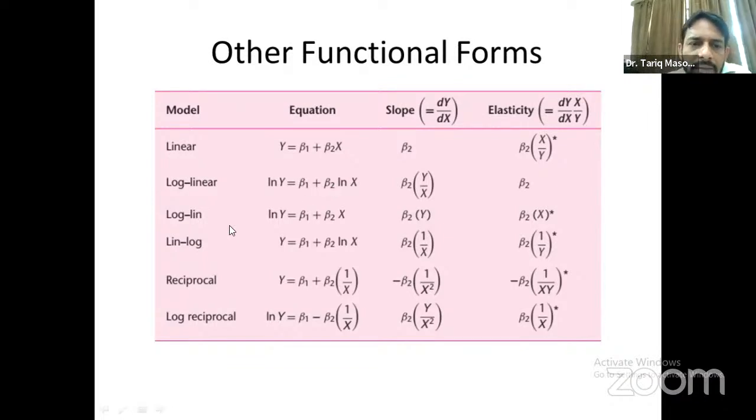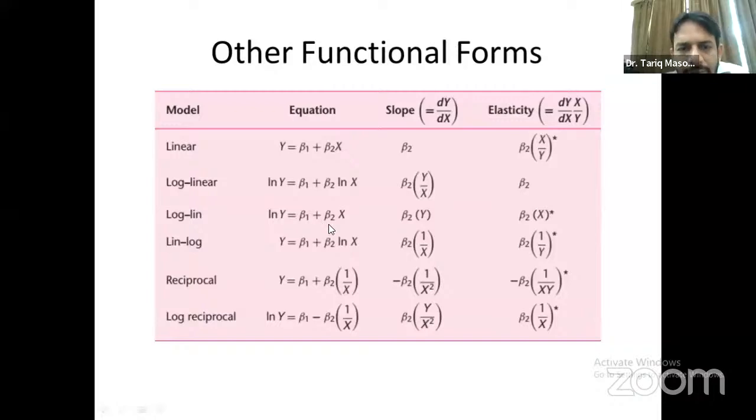Okay. Now the third model is the log linear model, where we are taking log of y but not log of x. We are using x in a raw form, but we are transforming y in logarithmic form. So log of y is equal to beta 1 plus beta 2 x.